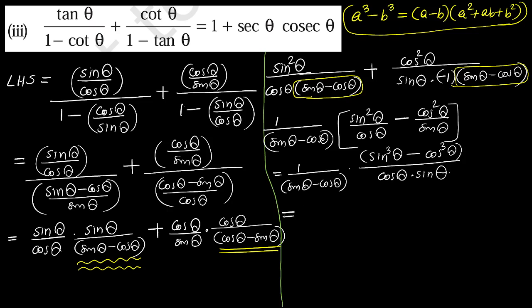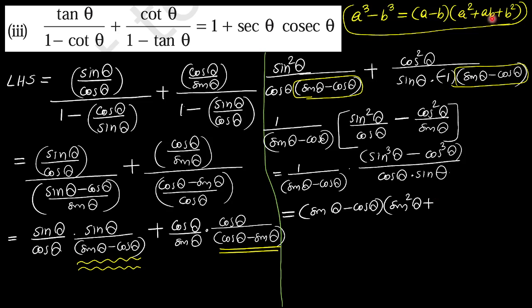So is this in a cube minus b cube form? Yes. So a cube minus b cube is a minus b into sine theta minus cos theta into a square plus ab plus b square. A square will be sine square.